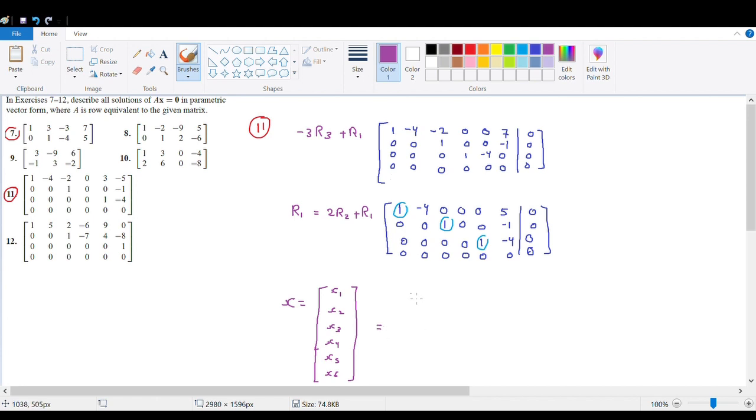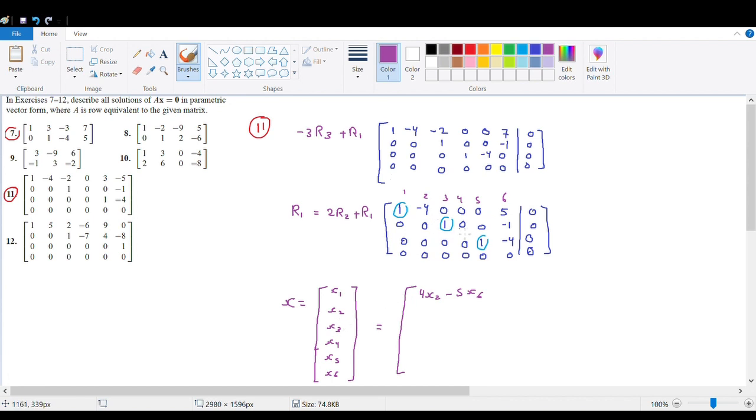So this will give us x1 equals 4x2 minus 5x6. So 4x2 minus 5x6. We can write here 1, 2, 3, 4, 5, 6.